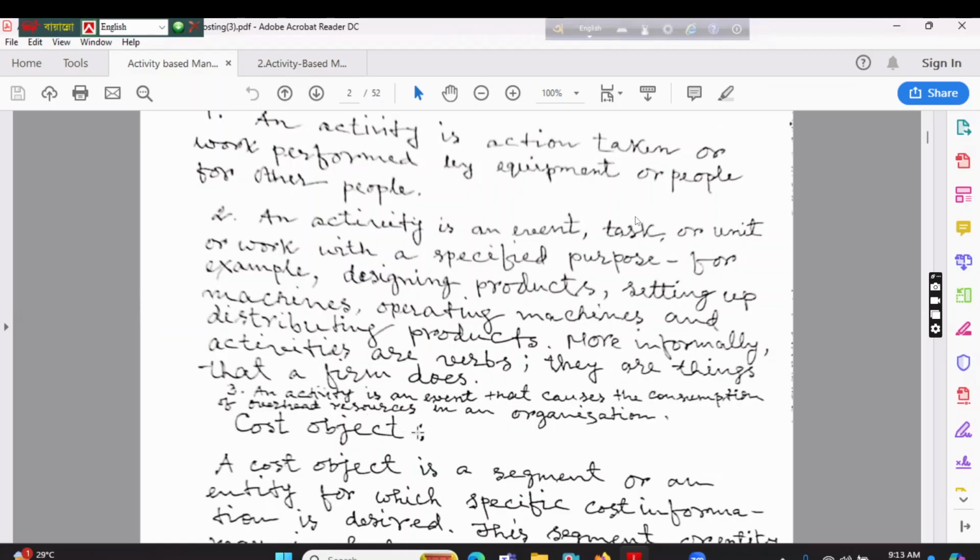An activity is an event that causes the consumption of overhead resources in an organization.